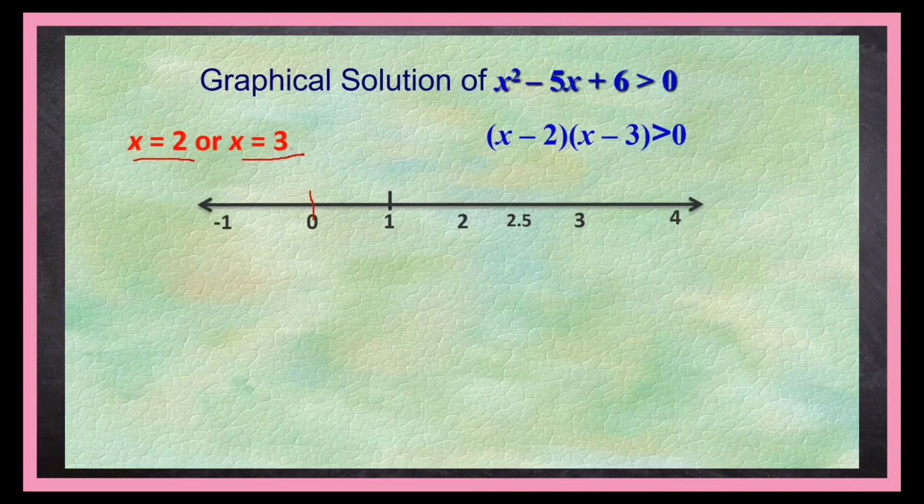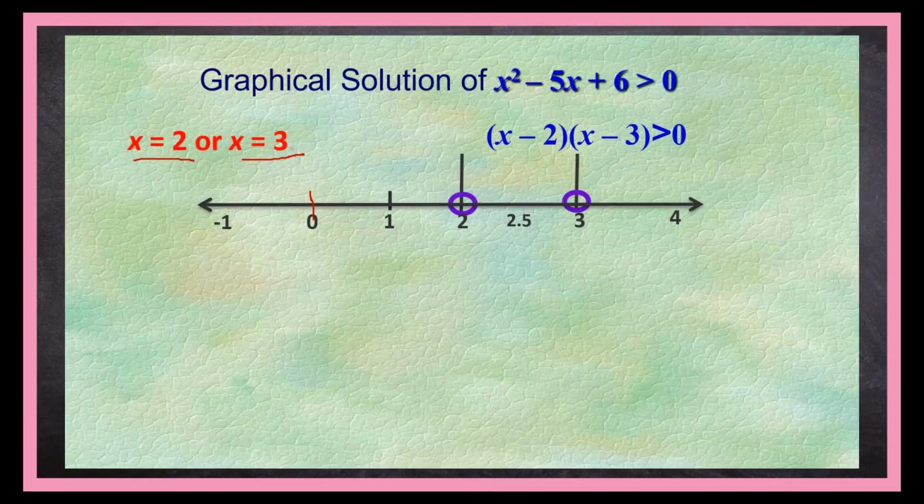The points at 2 and 3 separate the x-axis into 3 regions. Choose a value from each part and substitute into parenthesis x minus 2, parenthesis x minus 3 is greater than 0. Determine whether the result is true or false.